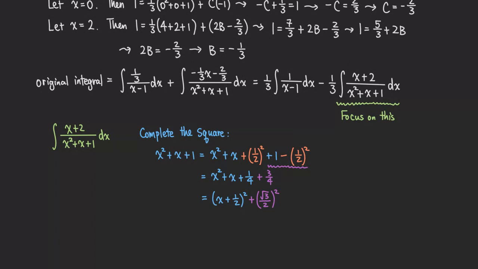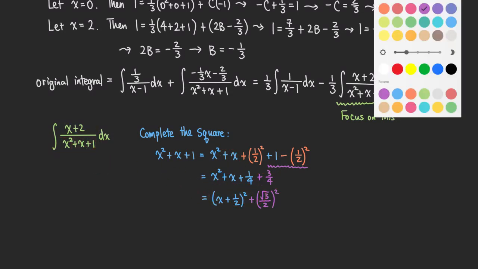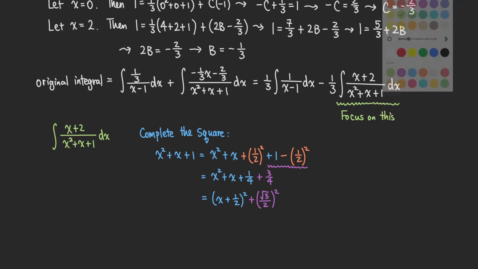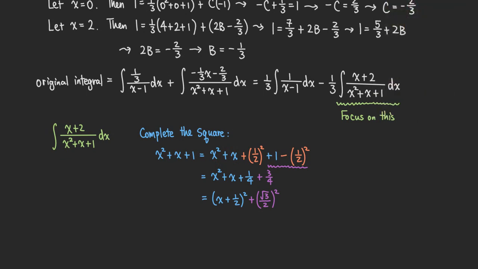Okay, so we are actually ready to go with the trig substitution. So you know that this integral actually will turn into that, right? So let's do that. I will just use the regular white color here. So it will be x plus 2.